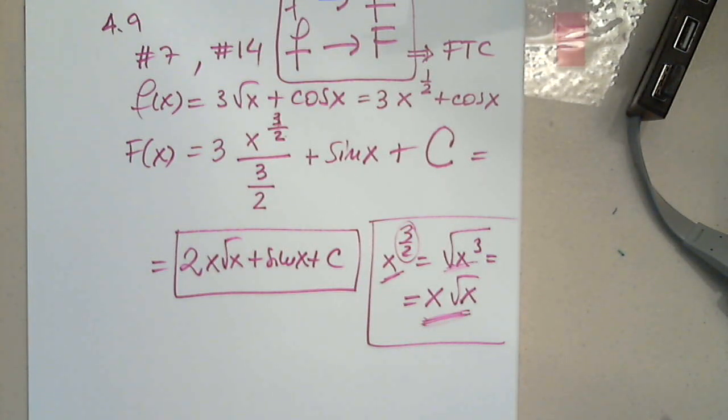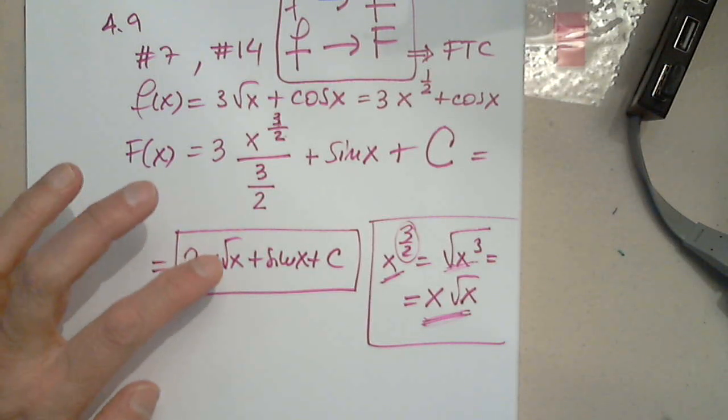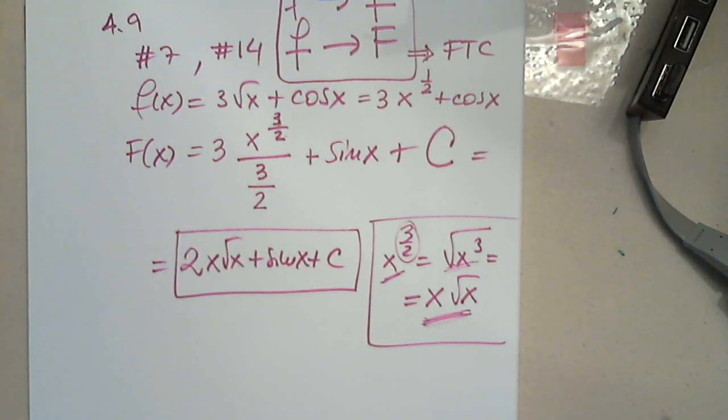Wait a minute. WebAssign said it's, I guess I have to write it. Did you put it in? 2x the square root of x plus sine x plus c. Yeah, why is it saying I got that wrong?